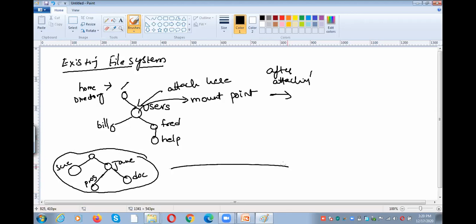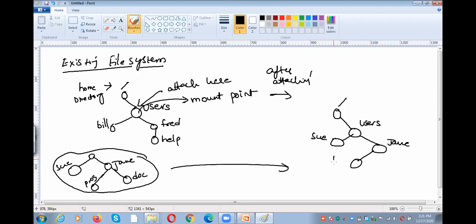So after attaching, how will it be? It will be home, and the next one is users. Under users, earlier it was Bill, Fred, help. But you are attaching this one there, so automatically the structure will look like this. Under users now, Sue, and then Jane.